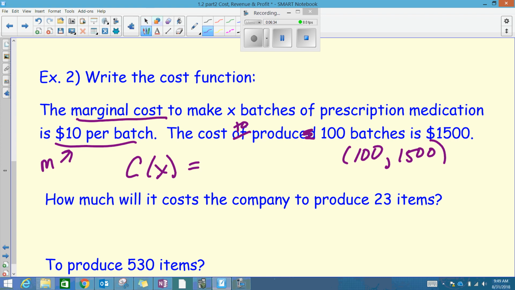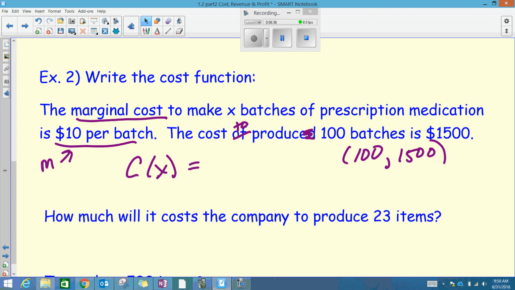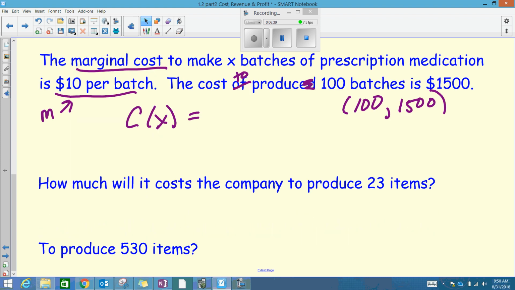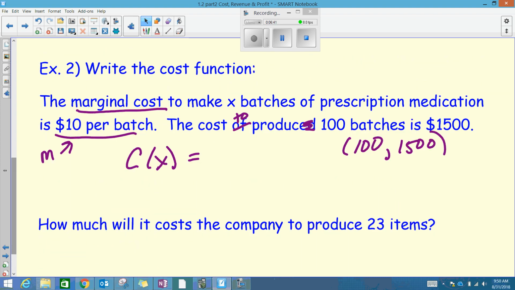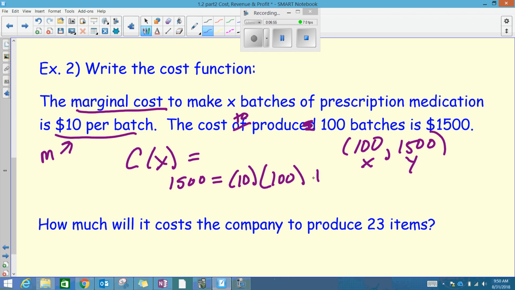So again, all of these scenarios are what you've used before, you just haven't called them cost anymore, you just call them linear functions. So to solve for that, we're going to plug that in so that we've got an X and a Y. We're going to say 1,500 equals M, which is 10, times X, which is 100, plus B. We get 1,500 equals 1,000 plus B, and we get B equals 500, by subtracting.